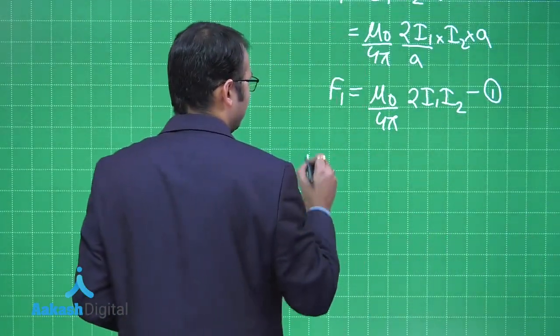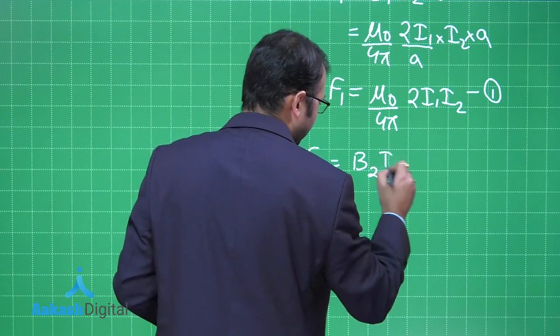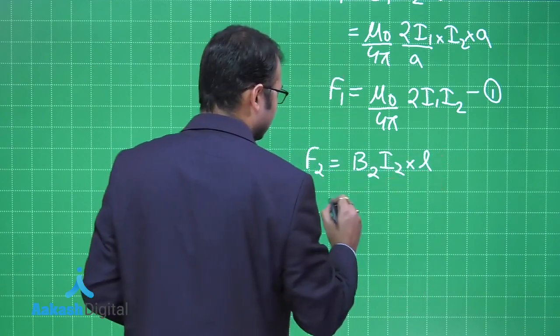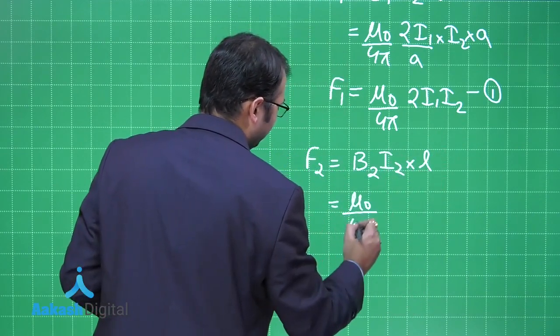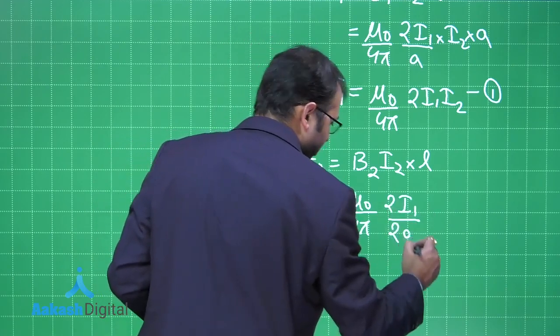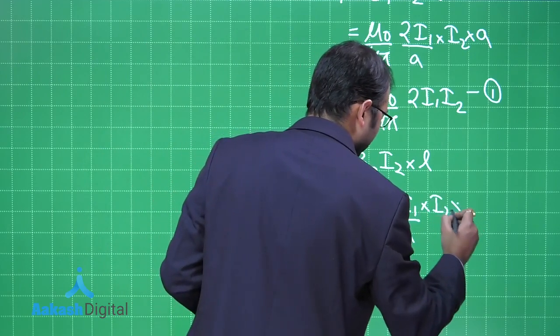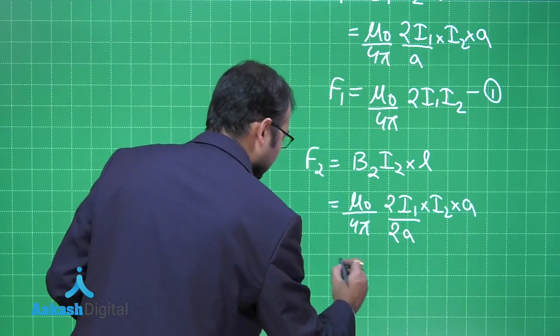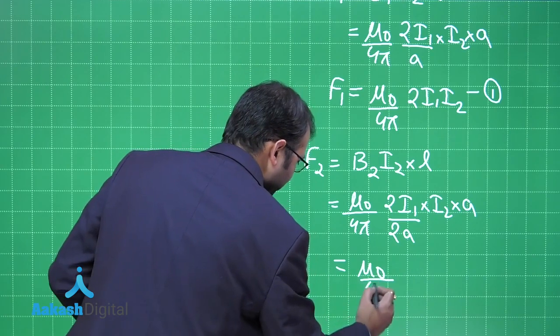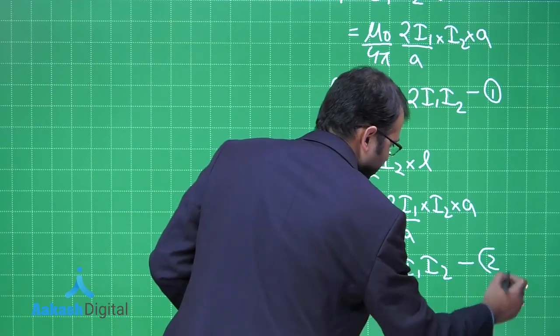Similarly, when you write F2, that would be B2 into I2 into length of that conductor. This is mu naught upon 4 pi, 2 I1 by 2A, because the distance has increased, and into I2 into A. So when you solve this, you will get mu naught upon 4 pi I1 I2. This is the second equation.